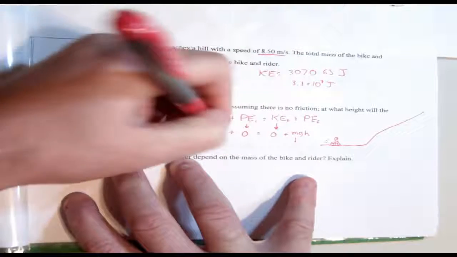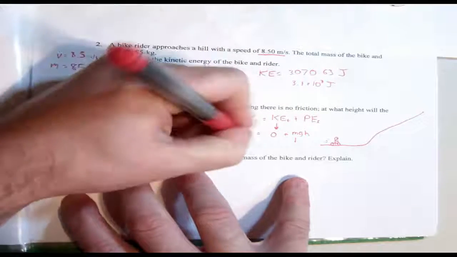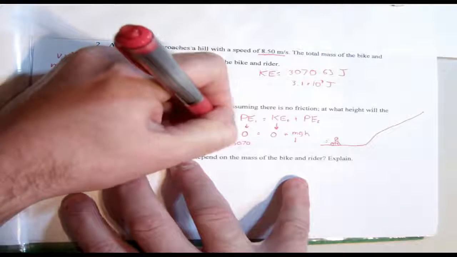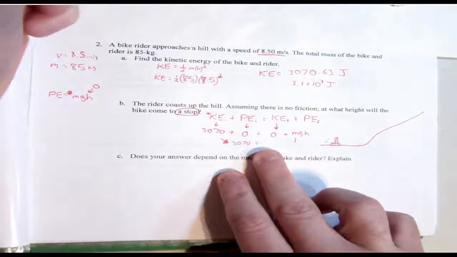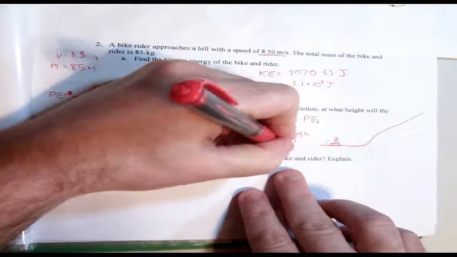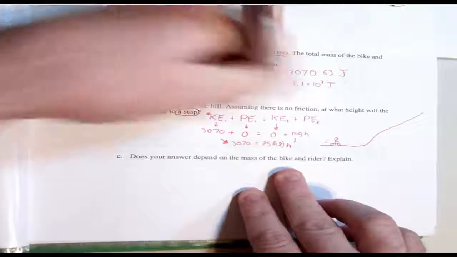So let's bring all this together. At this point we have 3,070, because that's our initial kinetic energy, equals mass. Where's our mass? 85 times gravity, that's 9.8, times height, we don't know, right? Because that's what we're trying to find.